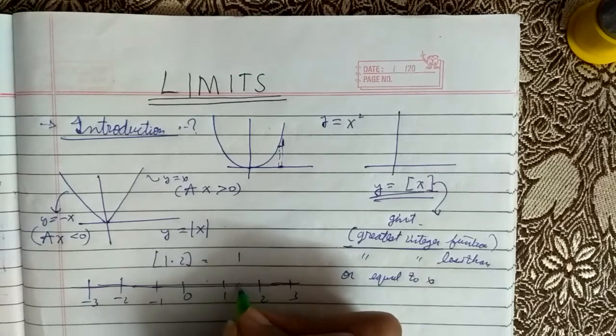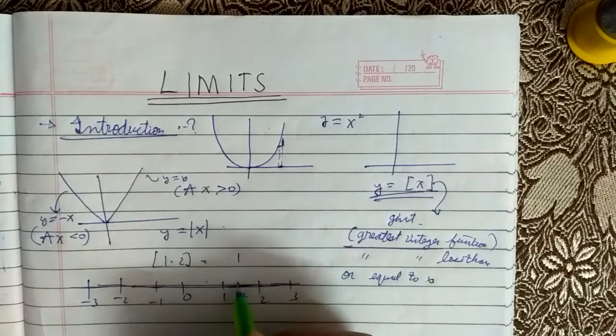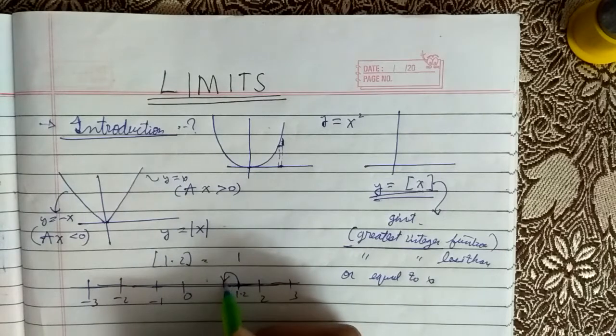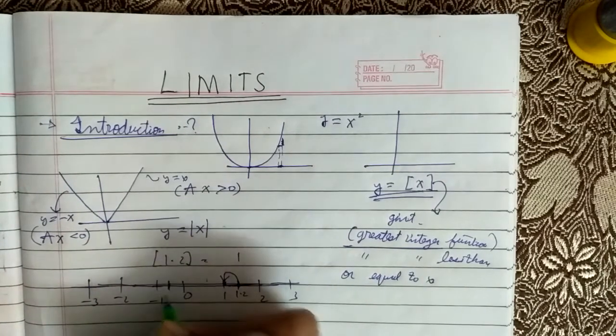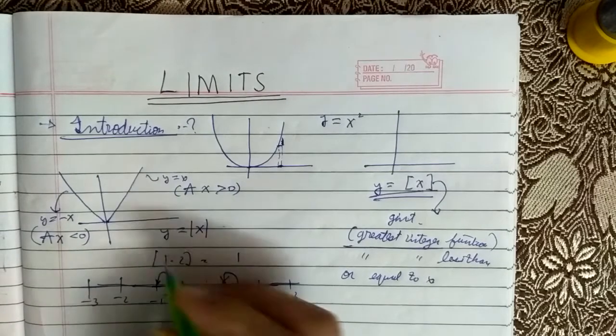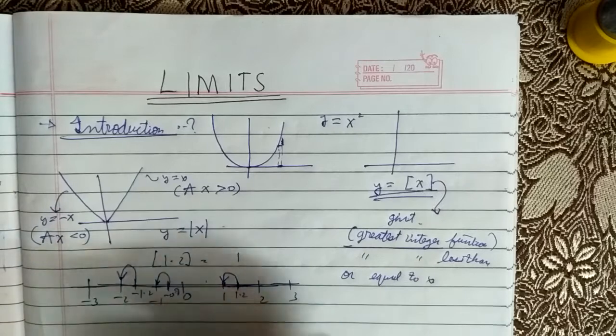For example, if the number lies between 1 and 2, for example 1.2, the greatest integer function of 1.2 would be the just previous number, that is 1. Similarly, for minus 0.9 it would be minus 1, and for minus 1.2 it would be minus 2.